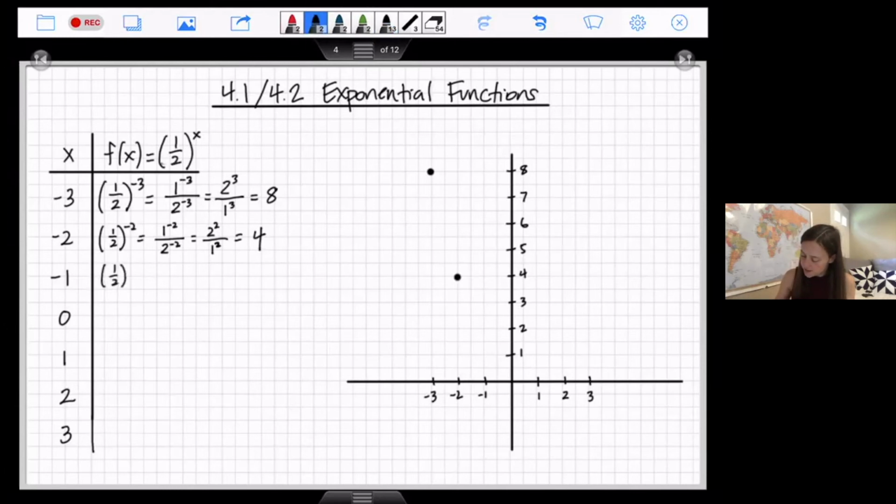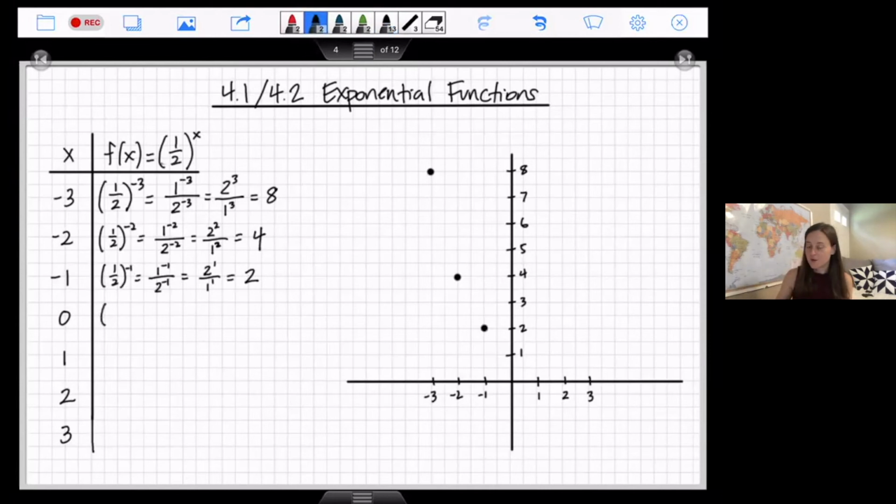Now 1/2 to the negative 1. Distribute the negative 1. Swap sides of the fraction. 2 to the 1, 1 to the 1. 2 divided by 1 is 2. So I've got the point negative 1, comma 2.